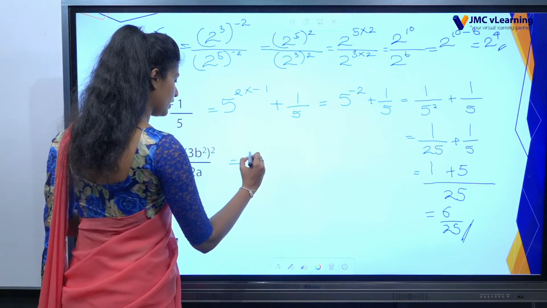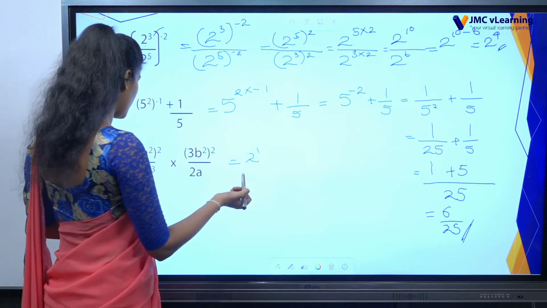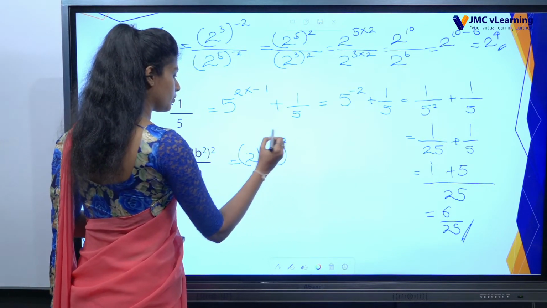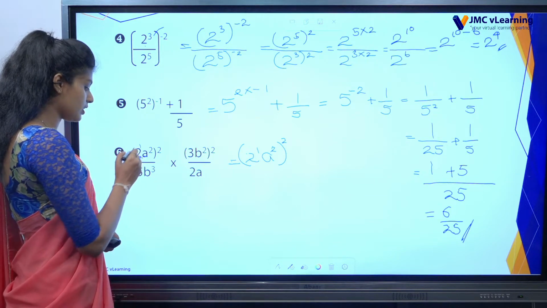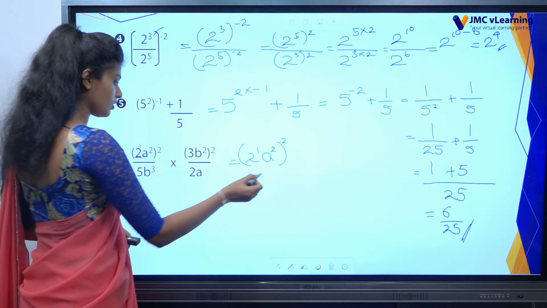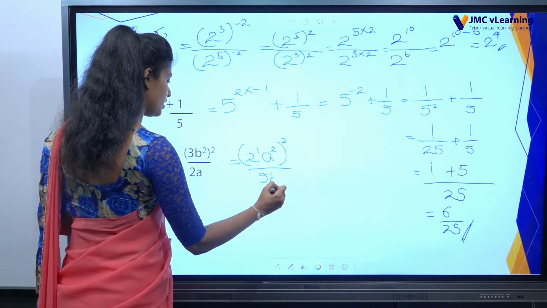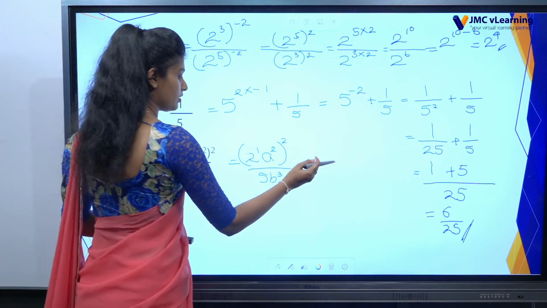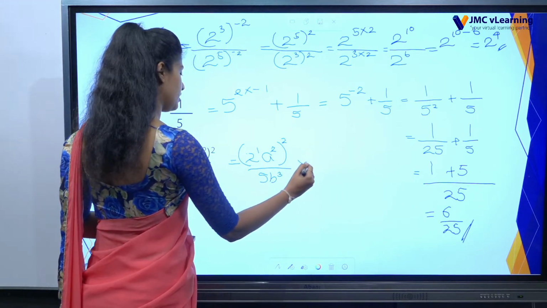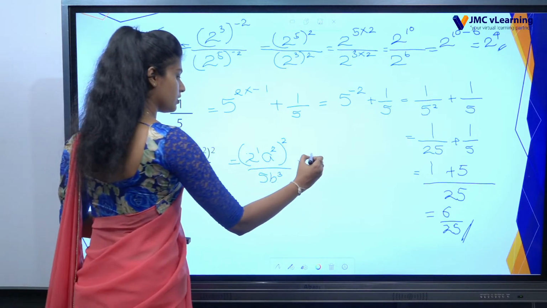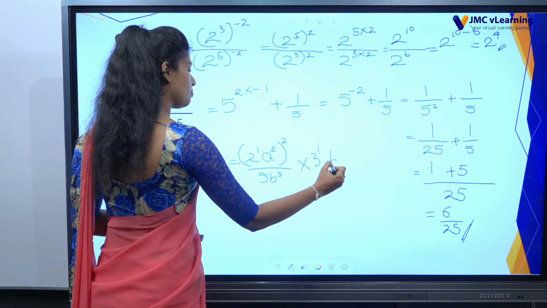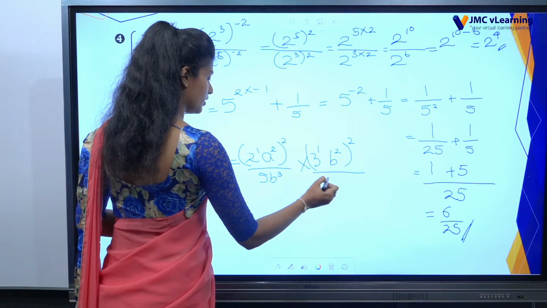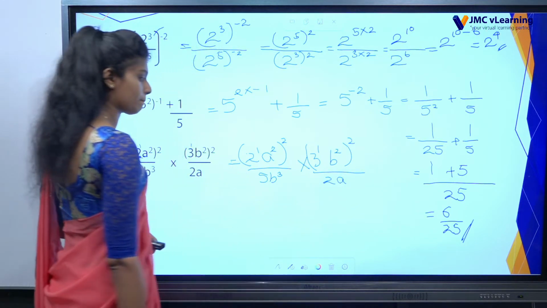So here 2 to the power 1, a to the power 2 to the power 2. That's the meaning of this one, because here is 1 over 5b^3. Then this one is multiplied. 3 also has power 1. 3 to the power 1, b to the power 2 to the power 2 over 2a.